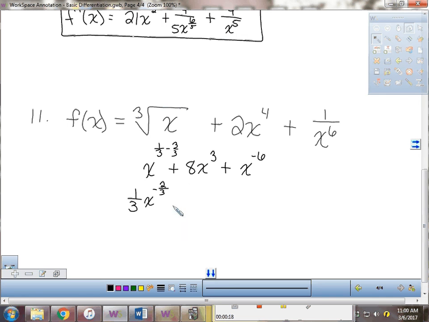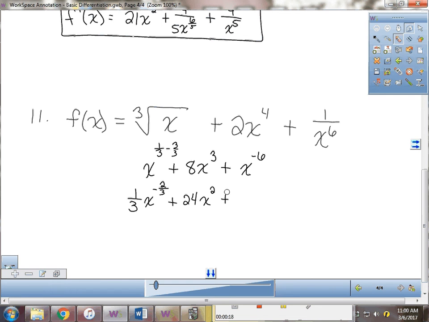8 times 3 would be a positive 24. X to the second. All right, and then you've got a negative that you're going to pull forward, so we don't want that plus. So we'll have a negative 6x subtract 1 would give you negative 7.